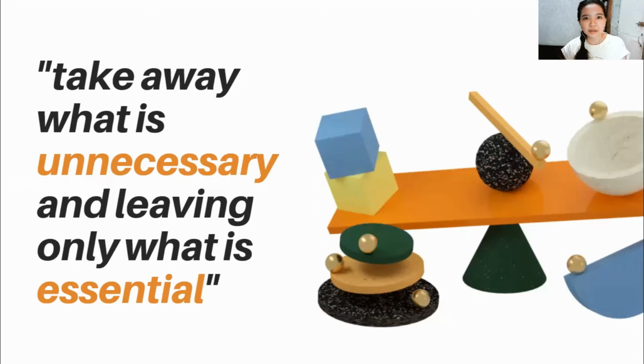So it may include only putting a few lines, a few figures on your art, but the impact of the art is still as powerful as using a lot of figures and images. And it is considered the most important part of the contemporary art movement.